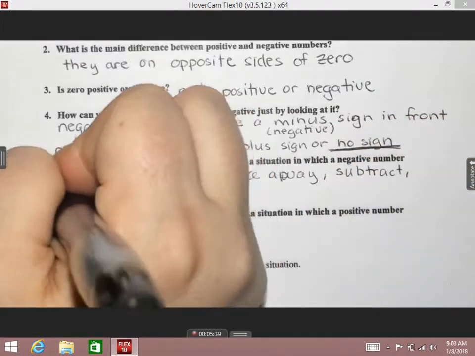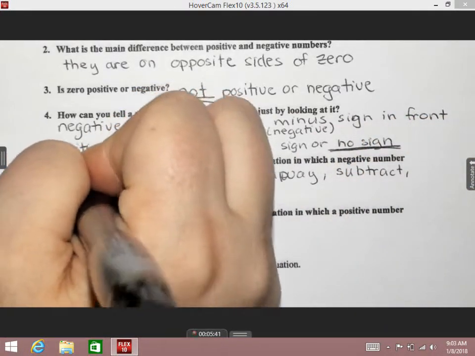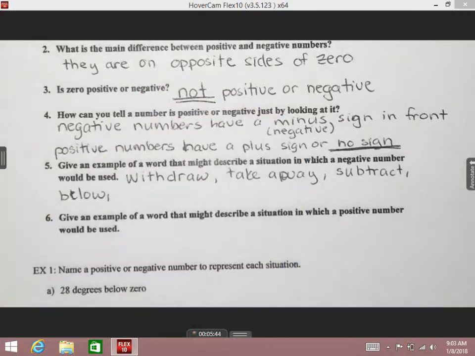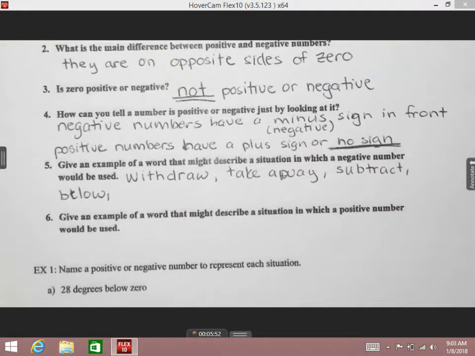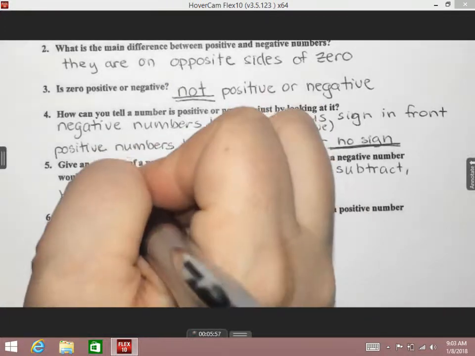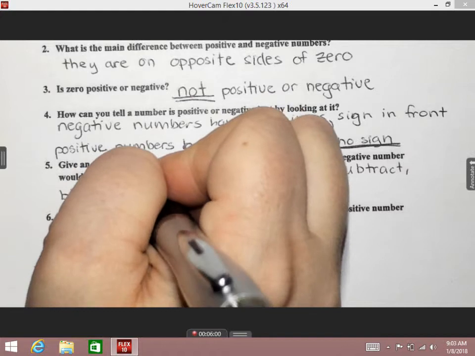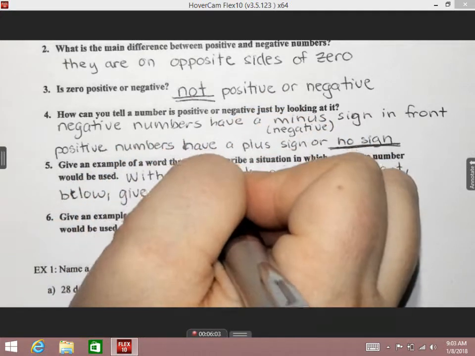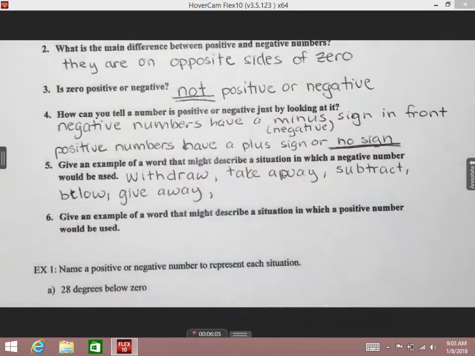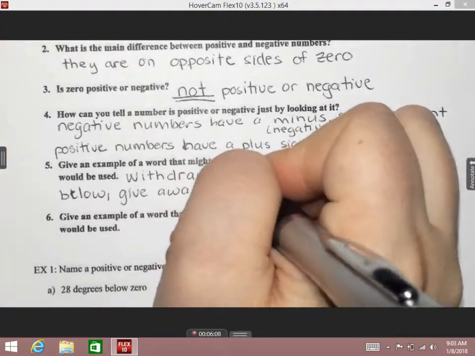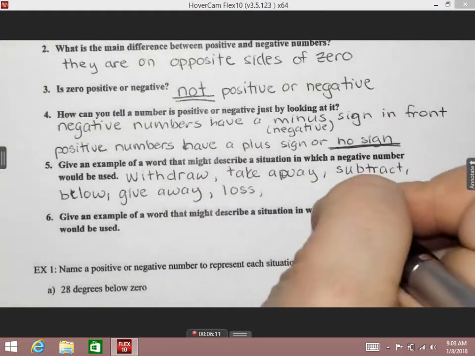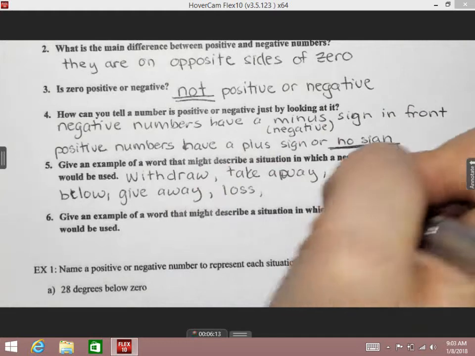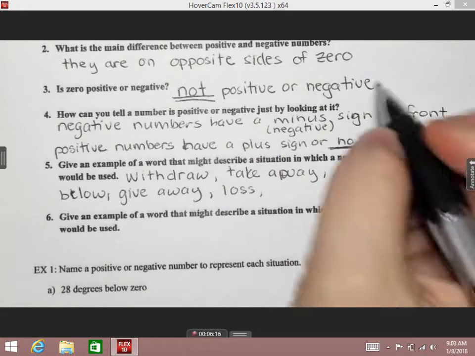Subtract. Below is what she said. Having trouble spelling today for some reason. Cameron? Difference. Okay, so that difference is more the operation of subtracting, so we're not going to write that one in. Give. Okay, so like if you're giving something away. Loss. Okay, some of the other ones that we came up with last period, we also got behind.